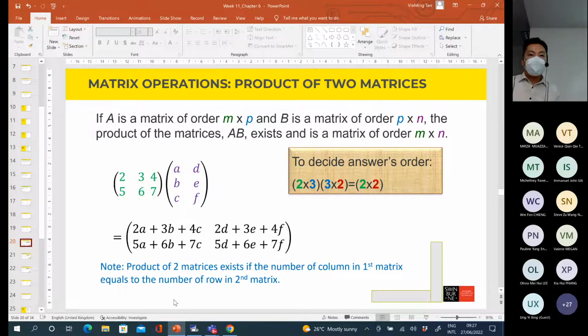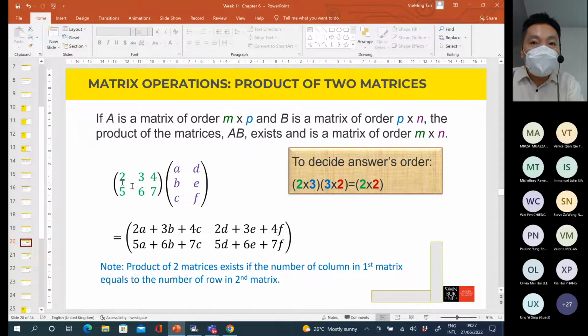It is because two matrices can only be multiplied together if the number of columns in the first matrix is equal to the number of rows in the second matrix. Otherwise, the product of the two matrices will not exist. Let us try one example here.